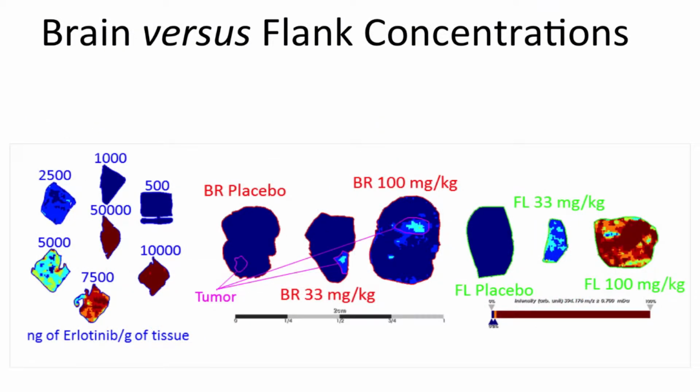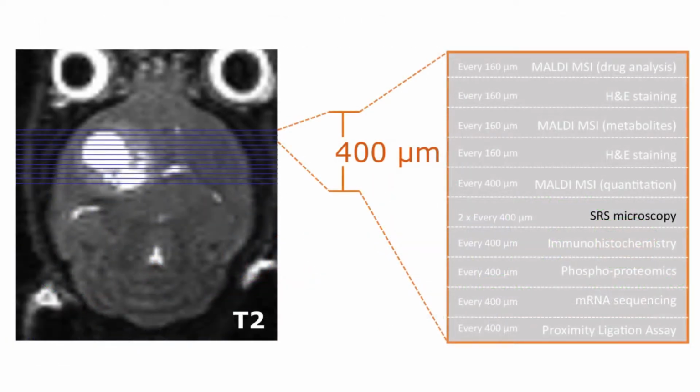And so then we applied this to look at what we are doing when we're comparing a flank animal with an intracranial tumor. Those are the three brains treated with 33 mg and 100 mg per kilo versus the flank, and we're never able to reach what we see in the flank at 100 mg in the intracranial tumor.